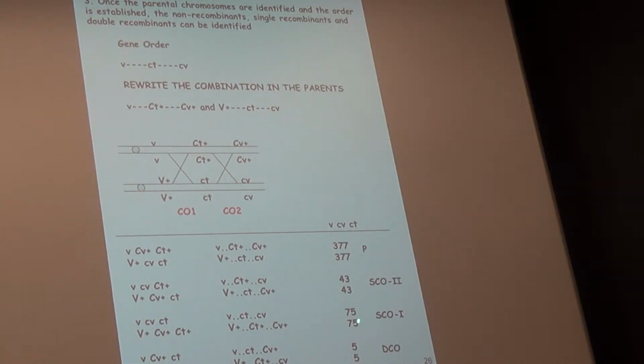And so you add that to the SCO1. Similarly for SCO2, the distance between CT and CV, that's SCO2 plus DCO over the total. So you add the double crossovers to both the single crossover 1 and the single crossover 2, basically.